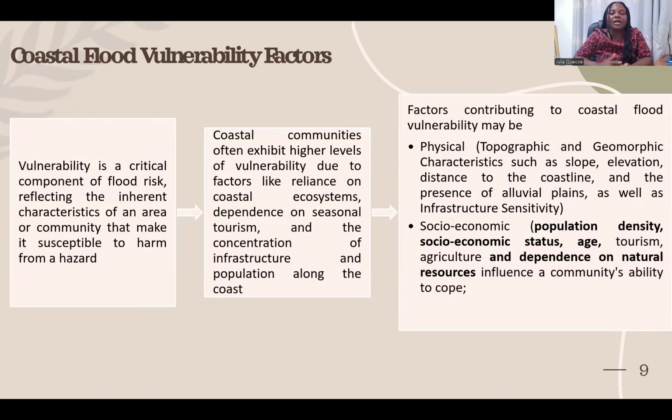When we are looking at the coastal flood vulnerability factors, vulnerability is a very, very critical component of the flood risk, because it is able to reflect the inherent characteristics of an area or a community that make it more susceptible or less susceptible to harm.